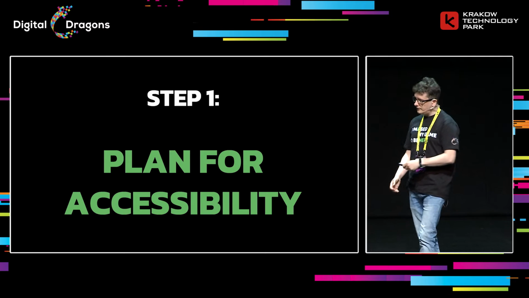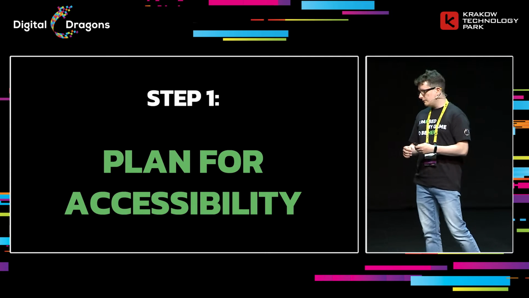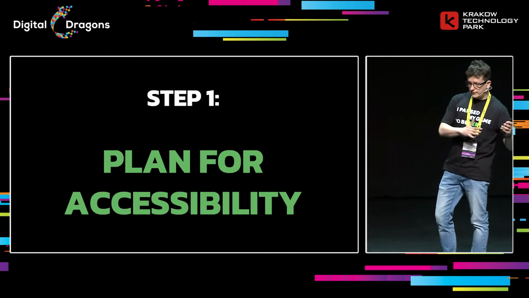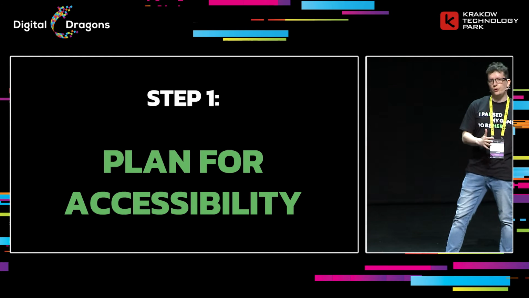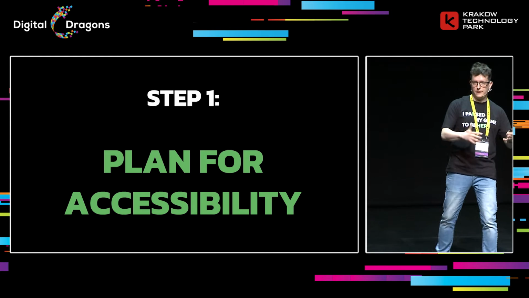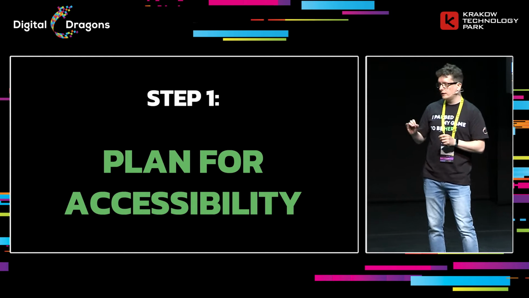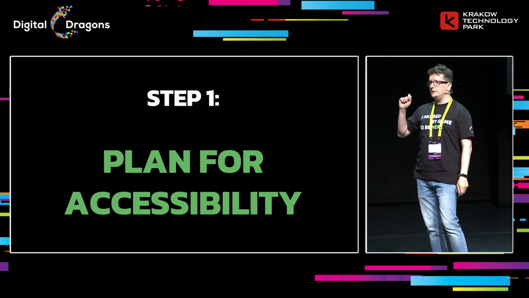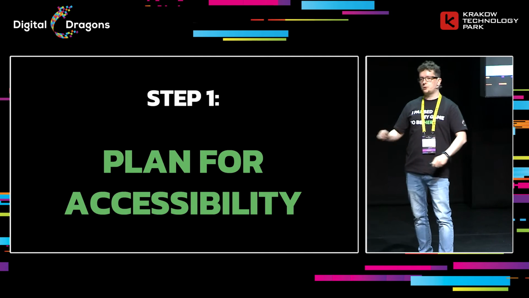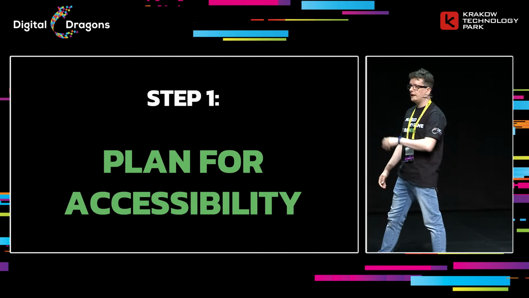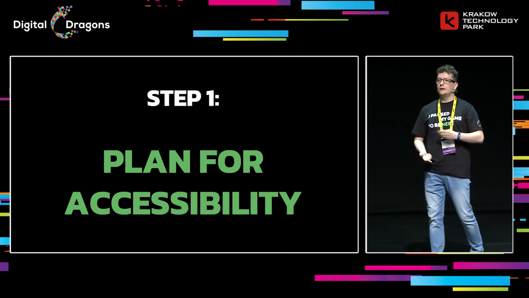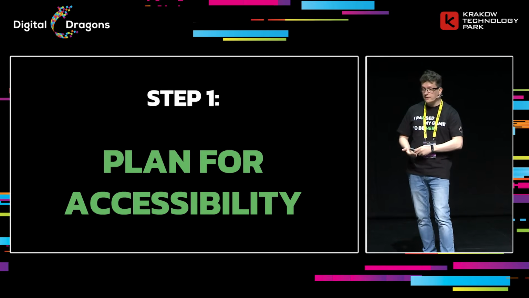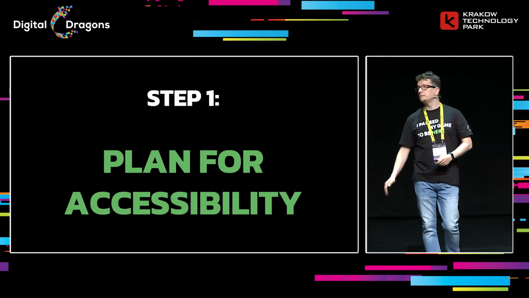This is like building the feeling that all members of the team need to know that your game will be accessible. It's not like a box that will be ticked at the end of the project. This is a fundamental part of the game, like visuals, like audio, like gameplay, and it needs to be from the beginning.